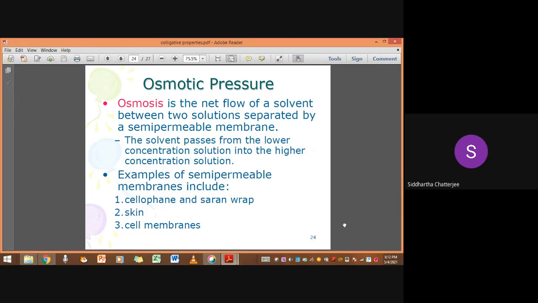Now the another colligative property, that is the osmotic pressure. You know osmosis is the net flow of a solvent. Suppose two solutions are separated by a semi-permeable membrane. Then what will happen?